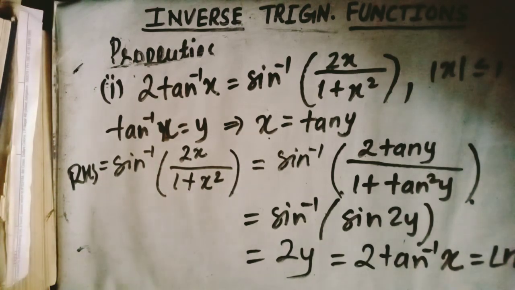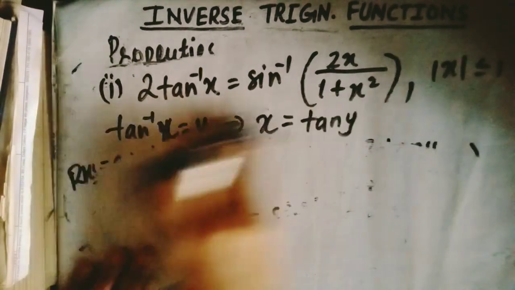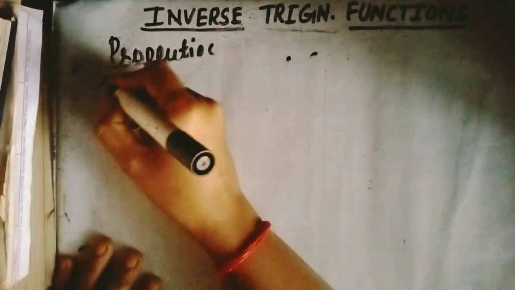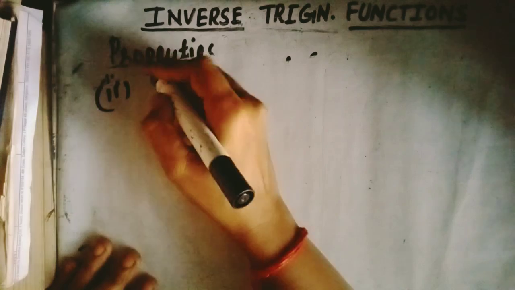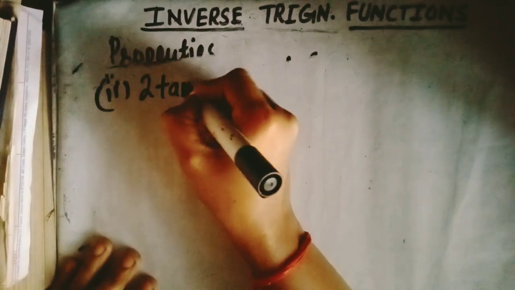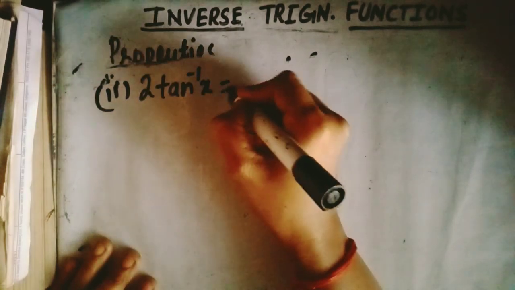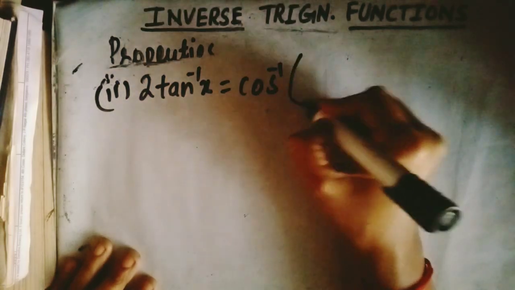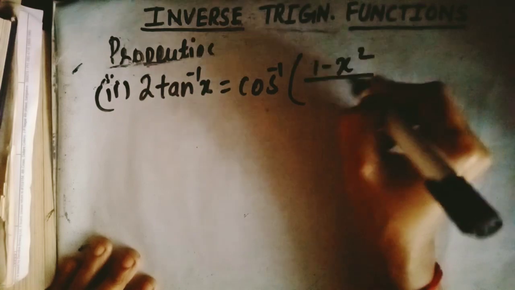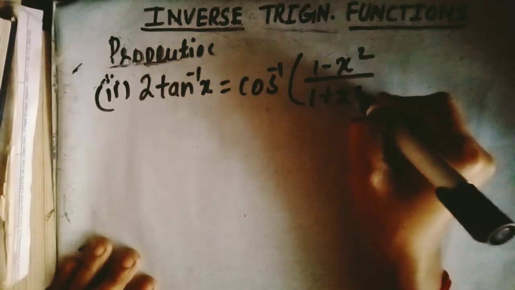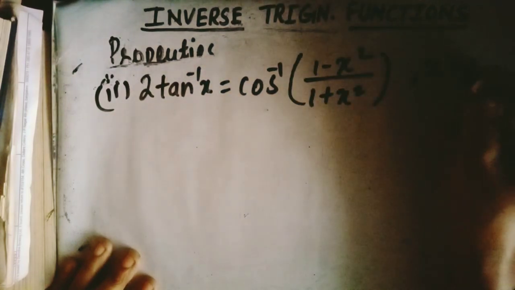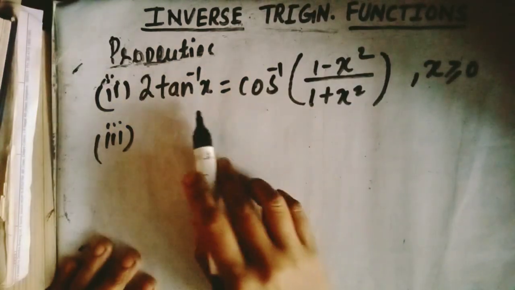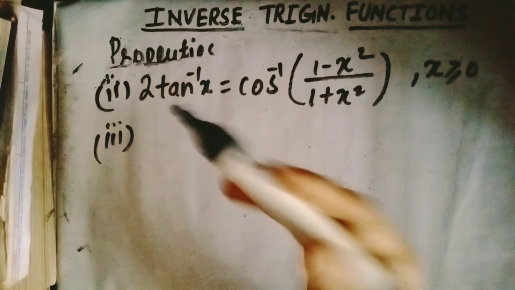Same way you can prove the other two properties also. I'll write the other two properties. Second, 2 tan inverse of x is equal to cos inverse of 1 minus x square upon 1 plus x square, where x is greater than or equal to 0. For this, you have to make use of cos in terms of tan.